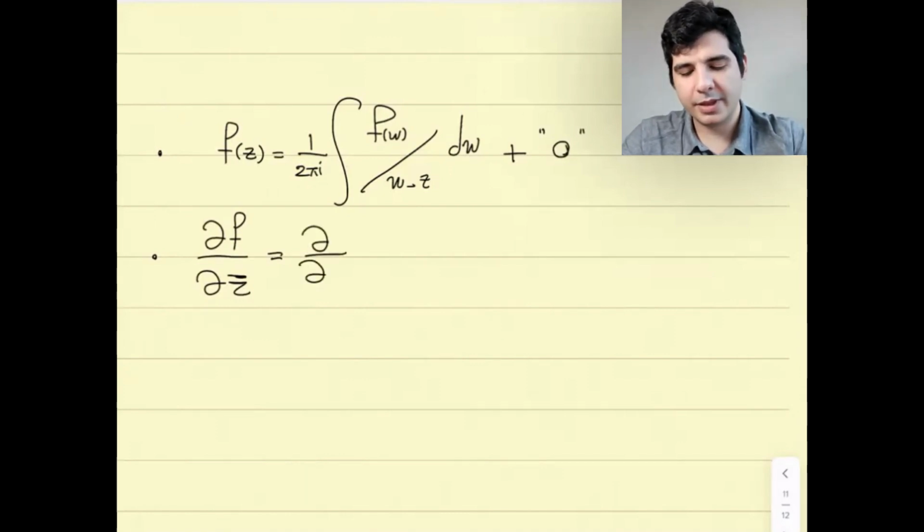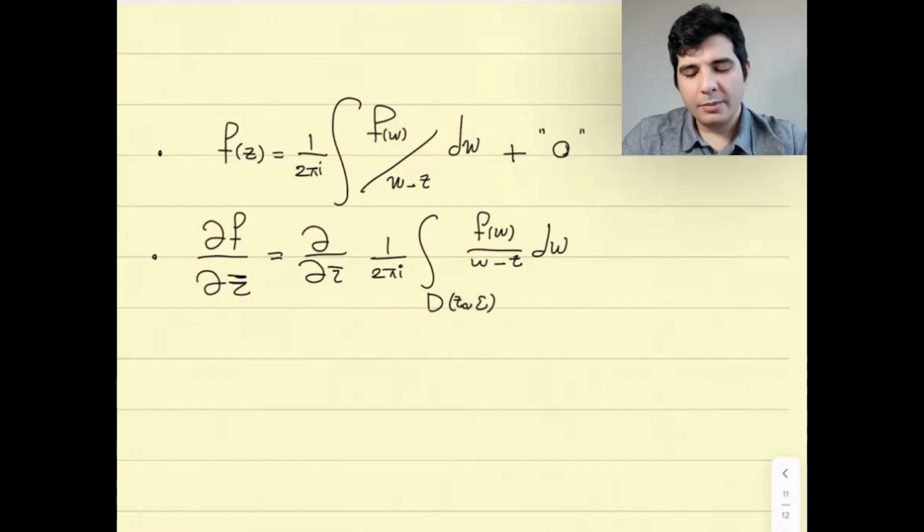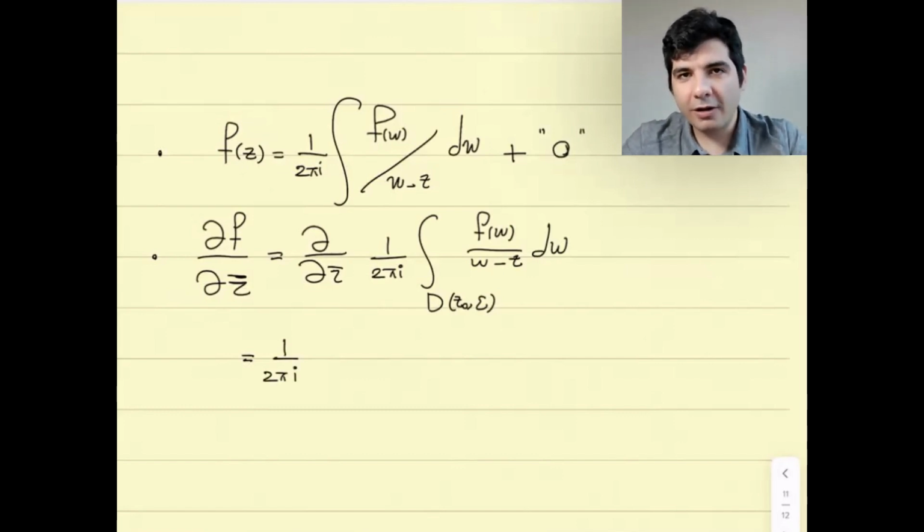There would be the derivative with respect to z bar of 1 over 2 pi i integral over the boundary of f of w over w minus z dw. But the point is that 1 over 2 pi i is a constant. The derivative wouldn't look at that. But the derivative also commutes with the integral because the derivative is with respect to the conjugate of z.